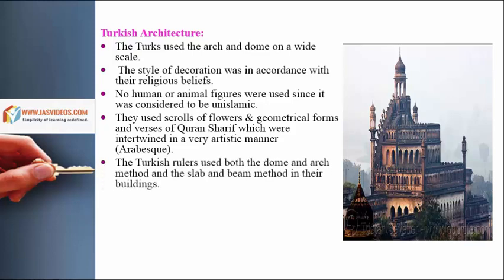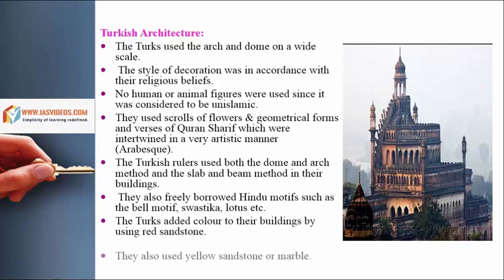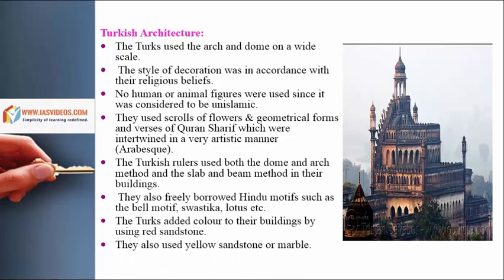The Turkish rulers used both the dome and arch method and the slab and beam method in their buildings. They also freely borrowed Hindu motifs such as the bell motif, swastika, lotus, etc. The Turks added color to their buildings by using red sandstone. They also used yellow sandstone or marble.